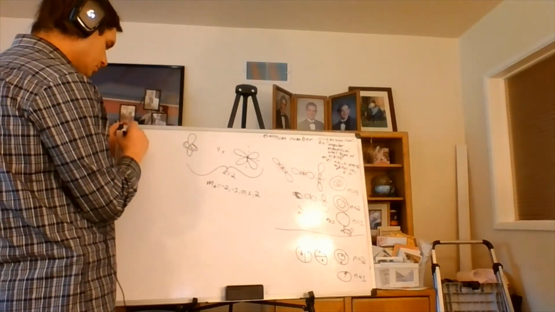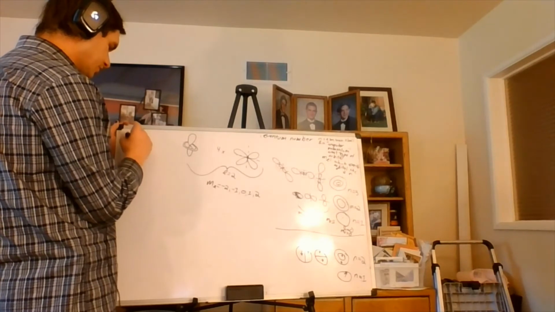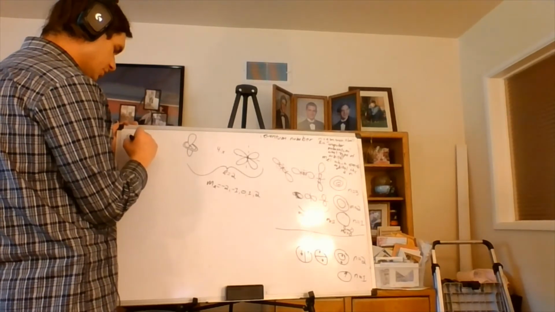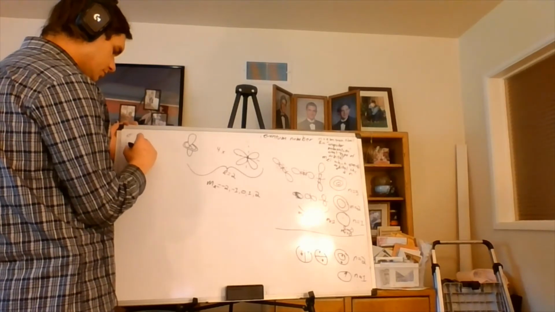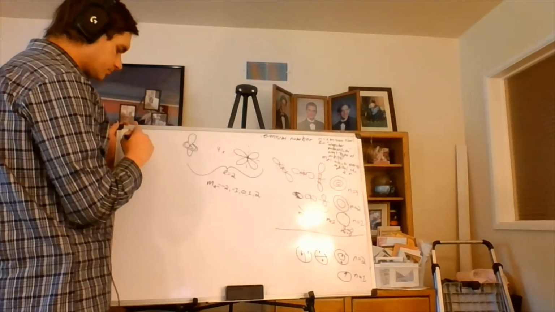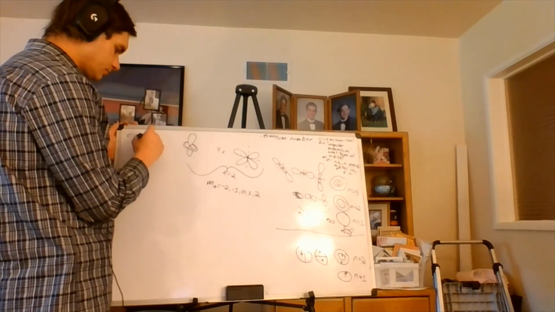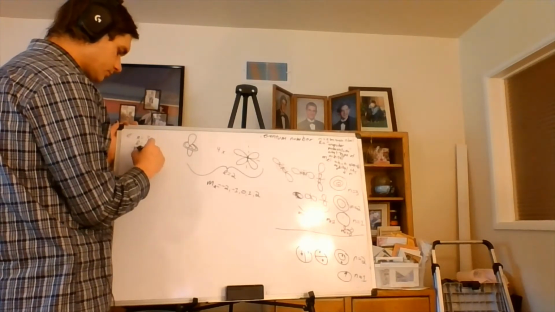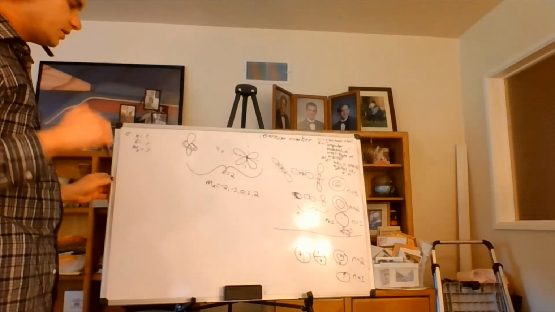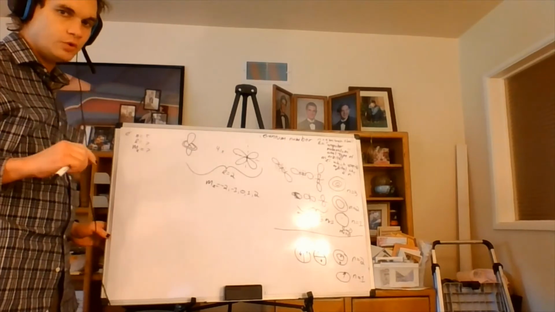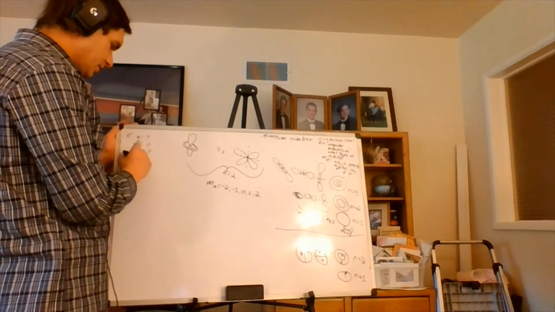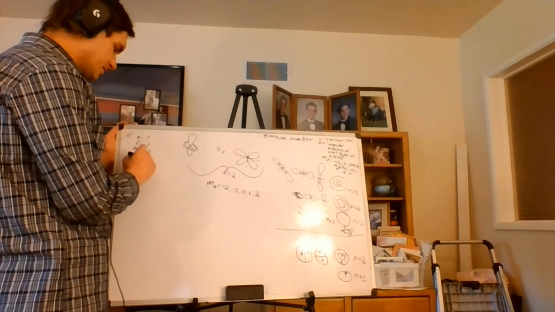We need to know what n is equal to, what L is equal to, and what m sub L is equal to. And there's one more quantum number that we haven't talked about yet. That's m sub S.